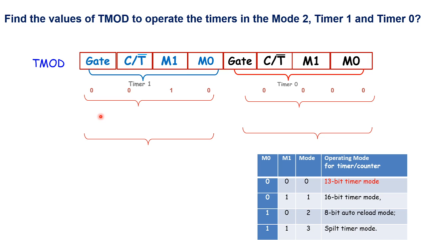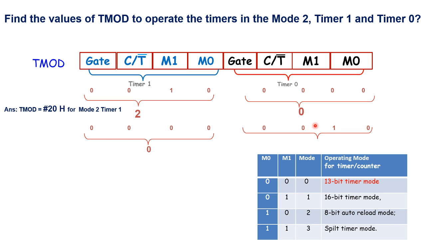So this gives us a number, a 2 in hexadecimal, and therefore we load that value in TMOD, that is #20H for timer 1 in mode 2, the auto reload mode of timer 1. Now for timer 0, these bits are 0 0, and we keep M1 M0 as 1 0.